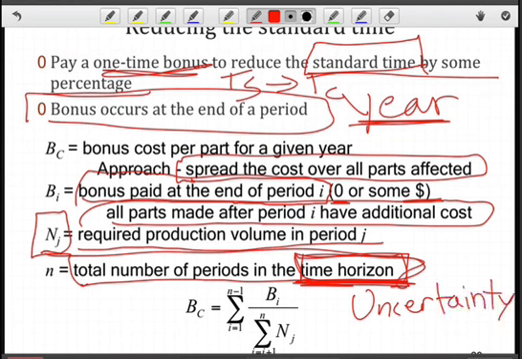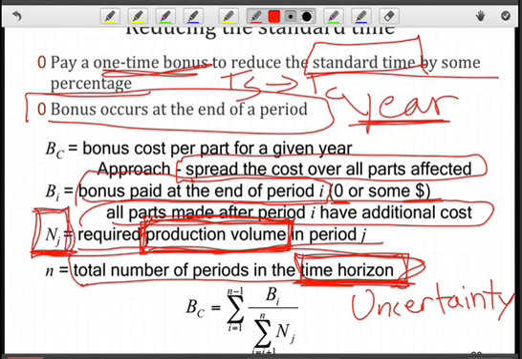And you should be able to identify that uncertainty here in the variables we've just defined. If we think about future production, the future production volume is really unknown. So we might have some estimates based on forecasts, but typically those are fairly crude, and therefore we could have a significant change in N sub j.